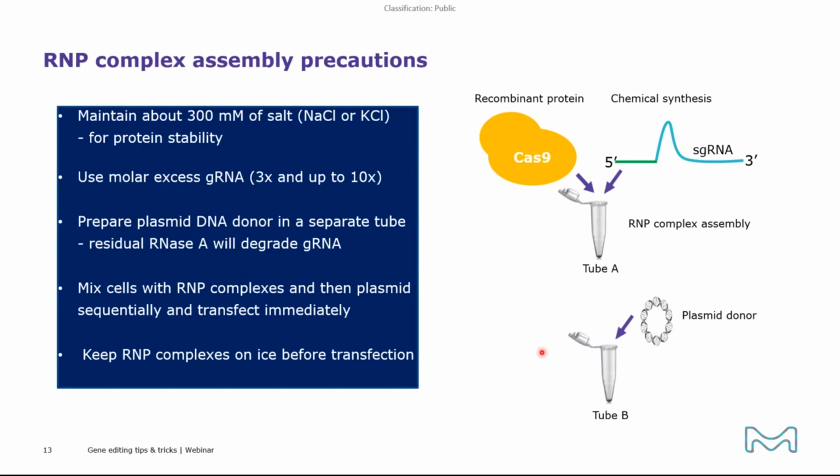And if you use plasmid DNA for transfection as donors, prepare the plasmid DNA in a separate tube to protect guide RNA from degradation by residual nuclease, as you may have personal experience, a large amount of nuclease is commonly used in plasmid purification.